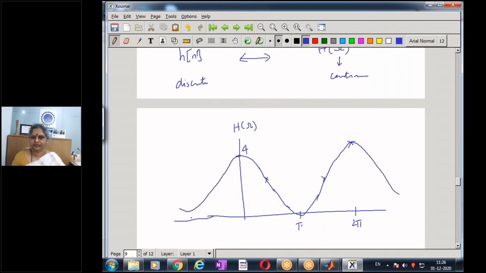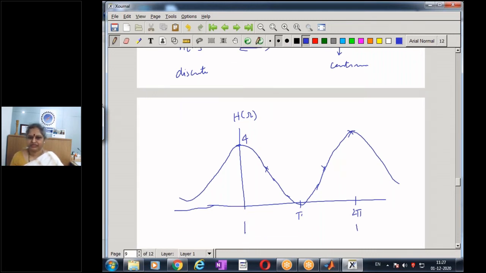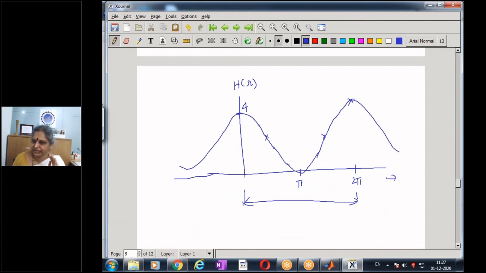So let's consider this interval of 0 to 2 pi, one period. We also know that omega is continuous.